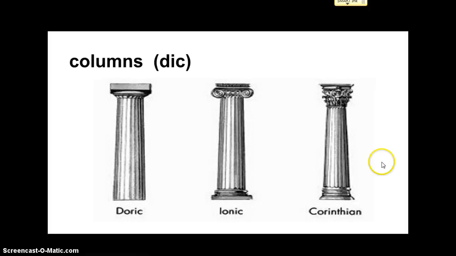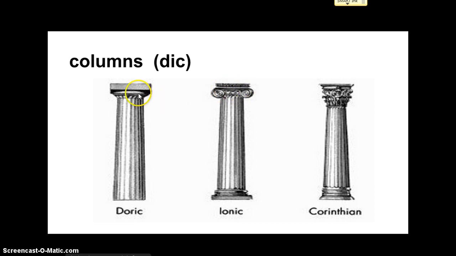All right, so here are the columns. Doric, you see it's very simple, nothing on the bottom, and very plain. Ionic, you're going to have something on the bottom, and it becomes a little more decorative up here.